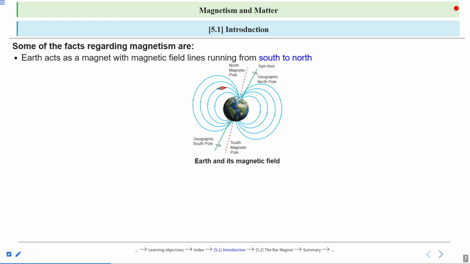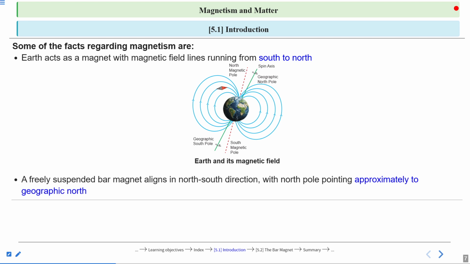Similarly, this is the geographical south pole, where the green line touches the surface of the Earth, and this is the south magnetic pole, at some distance from it. The green line is the geographical axis, the dotted line is the magnetic axis, and the angle between them is generally 11.5 degrees. The arrow shows the direction of the magnetic field, from south to north. So Earth is acting as a magnet.